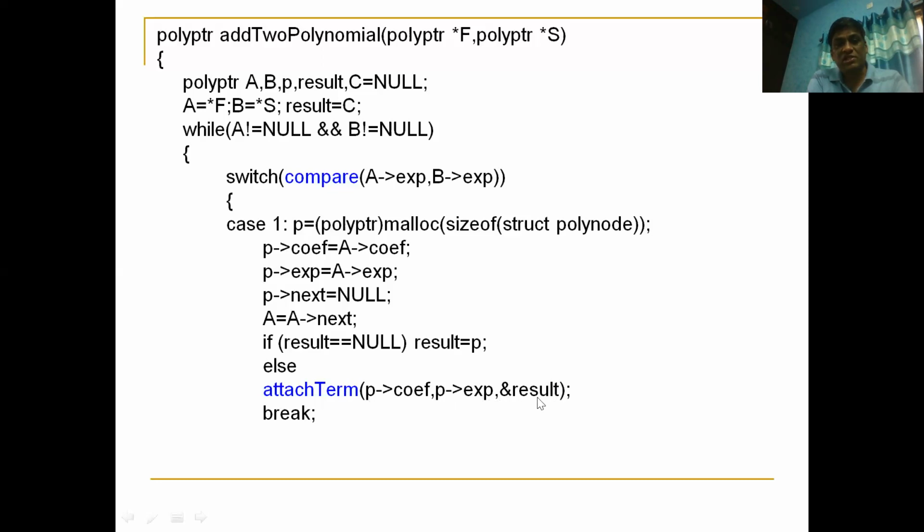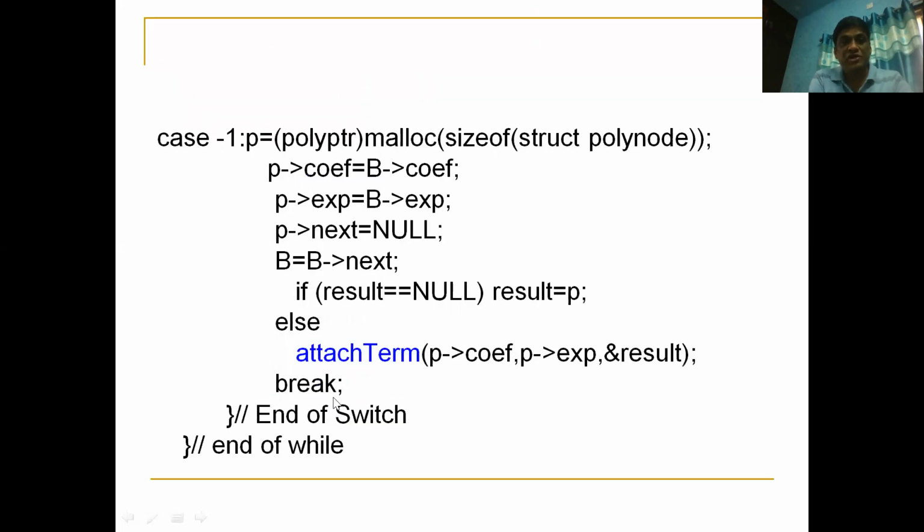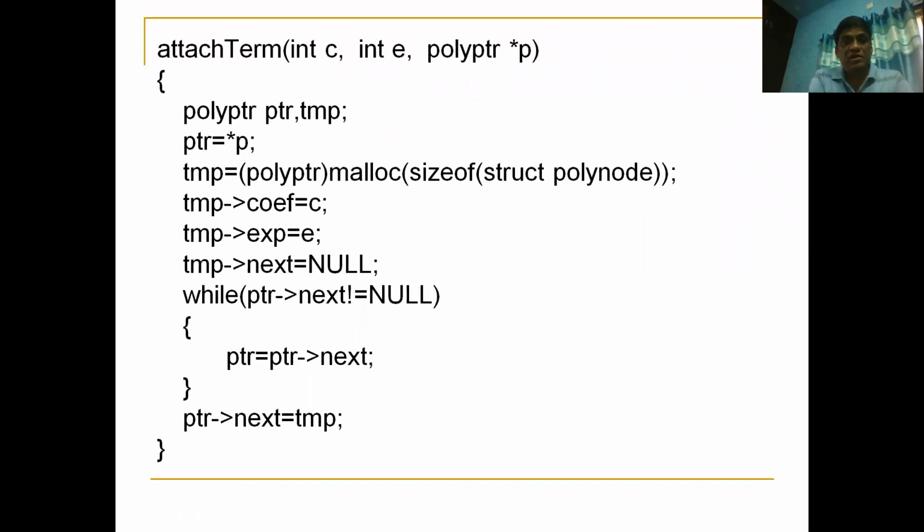What is this ampersand result? Result is the polynomial that we are building, and ampersand result ensures that any updation made to this result polynomial is reflected back. Attach term is also a user defined function which we define like this.